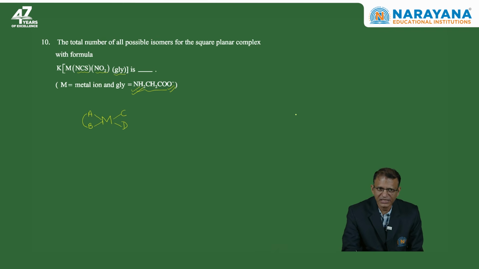So how many of these complexes can we draw if we write the linkage isomers possible for this complex? One is this complex itself, that is M NCS, NO2, GLY.